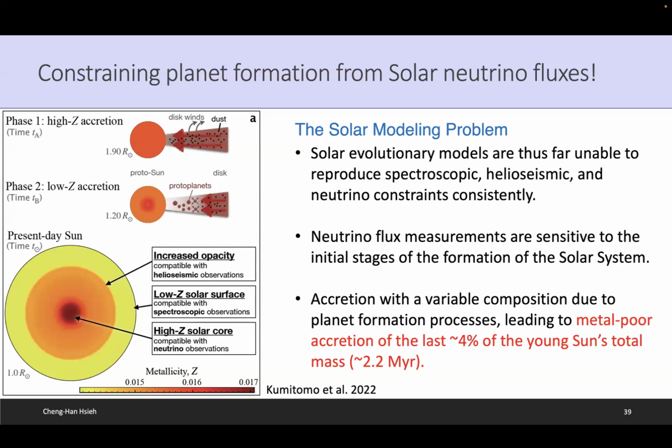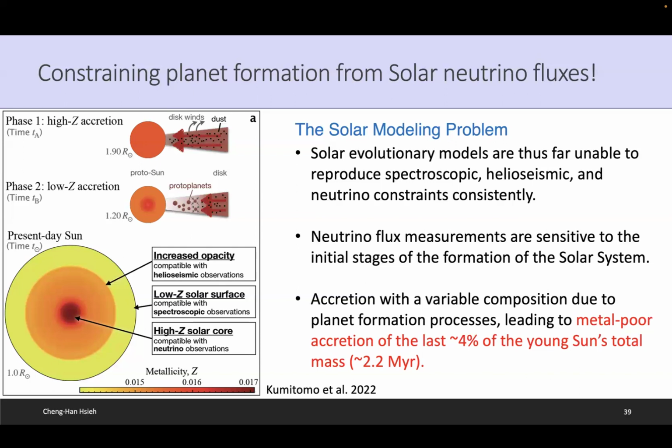So when the planet starts to form, the metallicity accreted onto the Sun drops. This will later form a low metallicity surface. From their simulations, they found that the planet formation process leads to metal-poor accretion over the last 4% of the young Sun's total mass. This is around 2.2 million years.